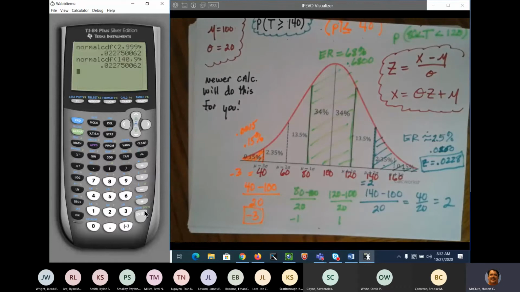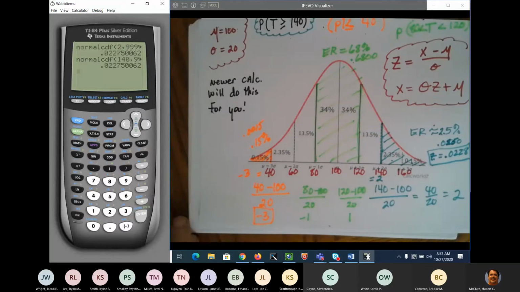Okay, let's do the orange. So if you've got an old calculator, you're going to have to change that into a z-score, which we did. And you would type in -3 and -9999. So second, vars, and I'm going to go from -9999 and we said it would be -3.